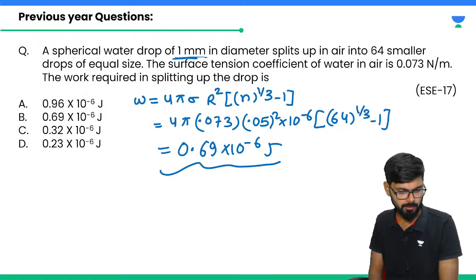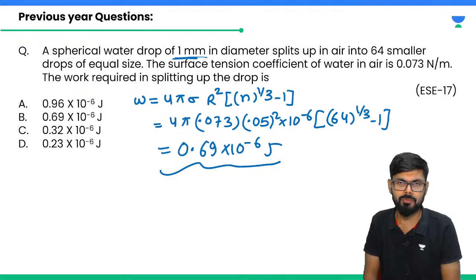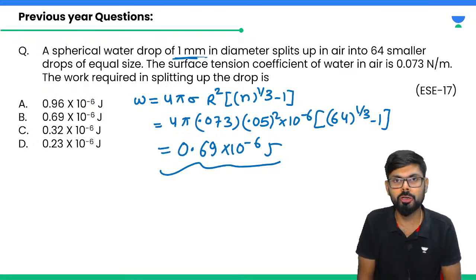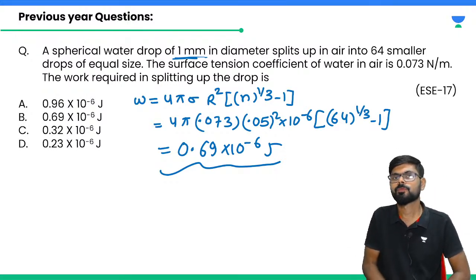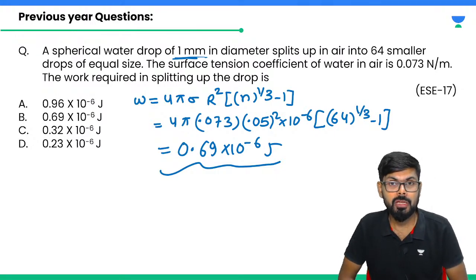Felix Wankel was a very great scientist, and he designed one rotary IC engine, that is also called a Wankel engine. A rotary IC engine has very high RPM.